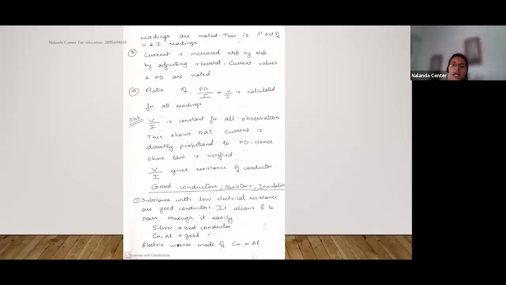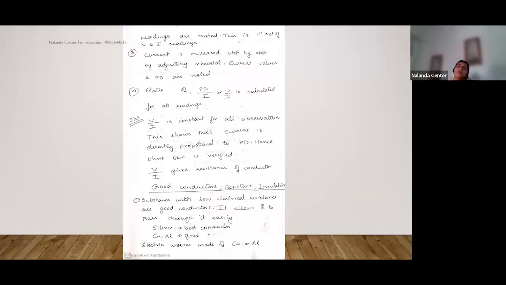Now, what are good conductors, resistors, and insulators? We are going to define the same thing using resistance. What are good conductors? The electrical conductors with very little, the least electrical resistance are known as good conductors. They allow electricity to pass very smoothly through them.